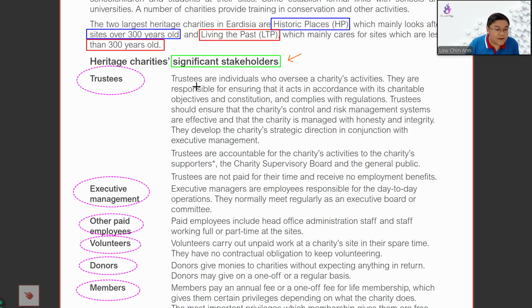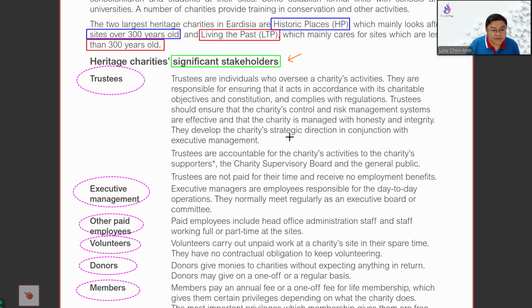Okay, so trustees are individuals who oversee a charity's activity. They are responsible for ensuring that it acts according to its objectives and constitution and complies with regulation. Trustees ensure that the charity's control and risk management are effective. The charity is managed with honesty, integrity.